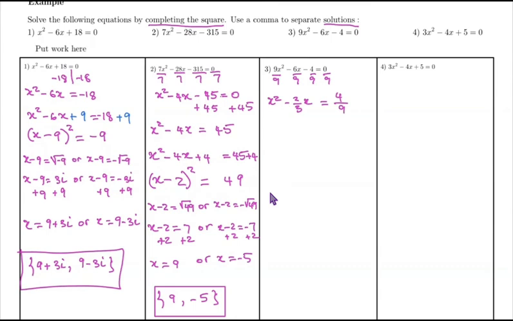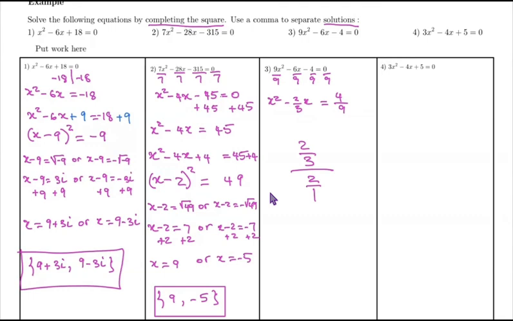And then now let's find the constant that completes this square. The constant will be this expression divided by 2. So that's 2 over 3 divided by 2 over 1. Well, I say over 1 because 2 is 2 over 1.